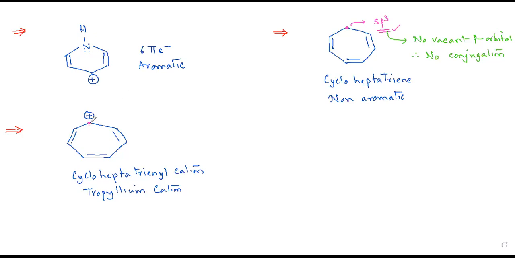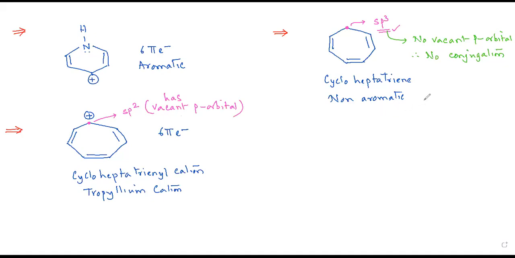Now, this carbon has become sp2 with a vacant p orbital. So, when you have a vacant p orbital, of course, you'll have proper conjugation, proper delocalization of the pi electrons. Here you got 6 pi electrons.